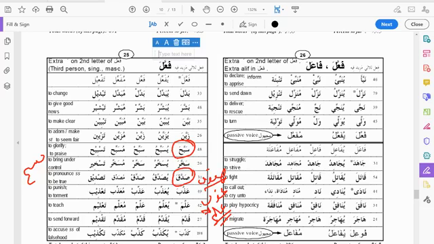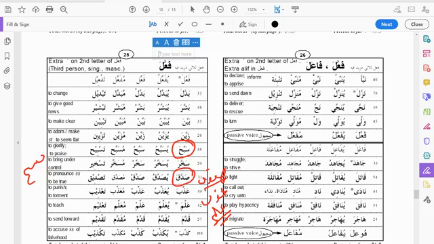So right here, just because of the shadda on the root alima, it now means allama, which would mean to teach. Alima means knew or to know, but allama is to teach.